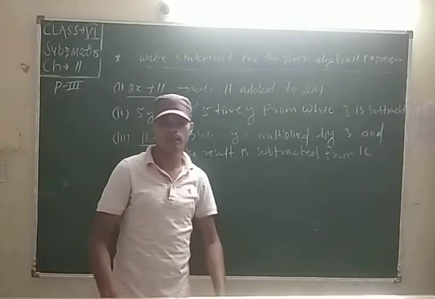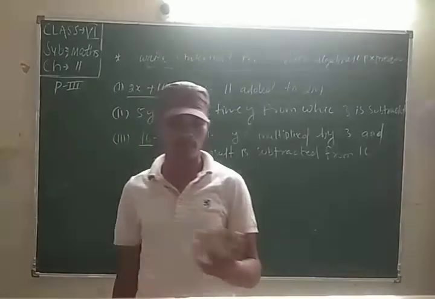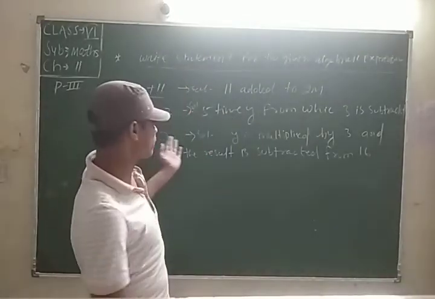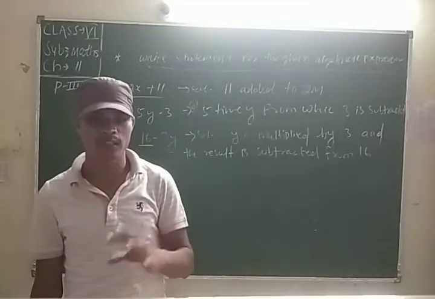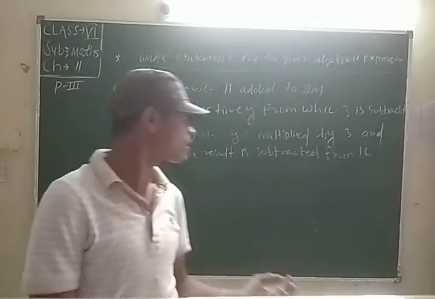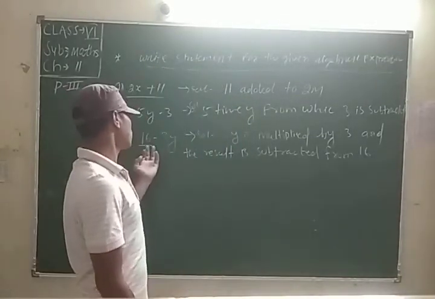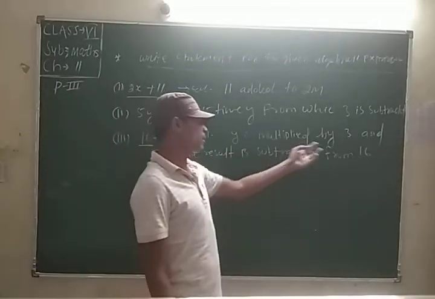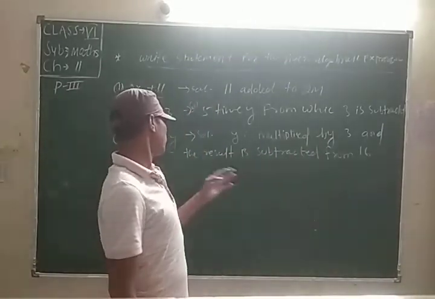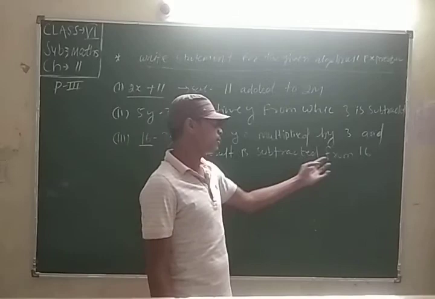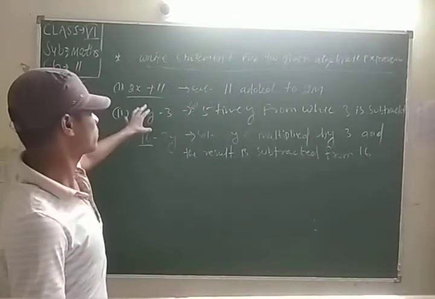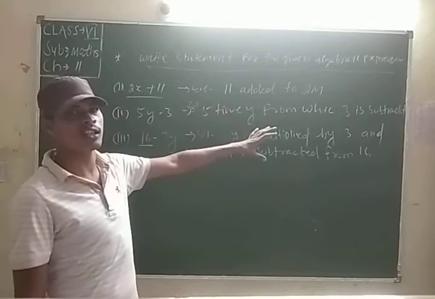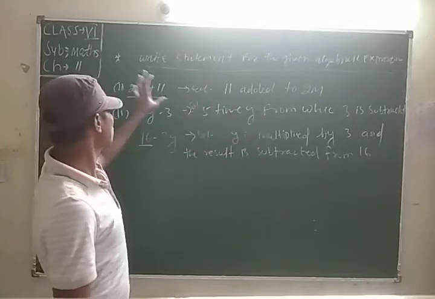Okay, clear about this? Subtracted from 16. You know that minus into minus is always plus. So 16 minus 3y equals y is multiplied by 3 and the result is subtracted from 16. Clear about this? How we can write a statement as an algebraic expression and an algebraic expression as a statement?